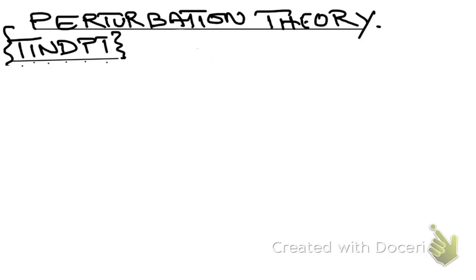Alright, so as we said, we can now write our Hamiltonian as the sum of my original Hamiltonian of the system, that is the unperturbed Hamiltonian, plus some perturbed Hamiltonian. I'll say that it's H1, right?